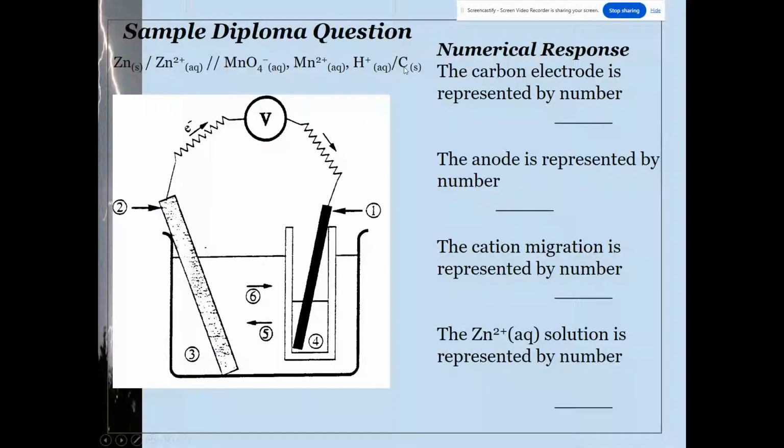Okay, sample diploma question. So here we are given shorthand notation and the diagram of a cell. So remember again, your anode is everything on the left and your cathode is everything on the right. Now, I am given some key information here. I am given the directional flow of electrons, okay?